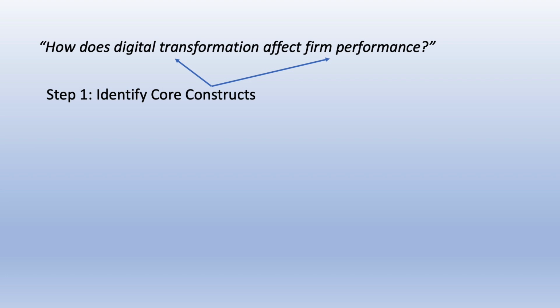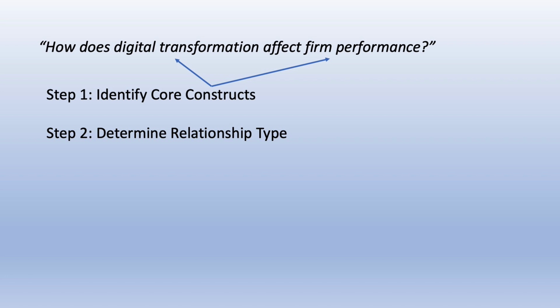At this stage, we focus only on concepts, not measurement. Next, determine the nature of the relationship. Is it causal? Is it associative? Does theory suggest a direction? In most applied research, the relationship is directional and theory-driven.